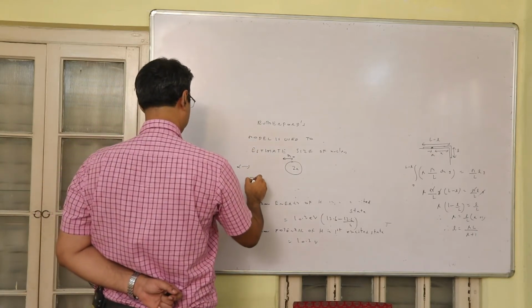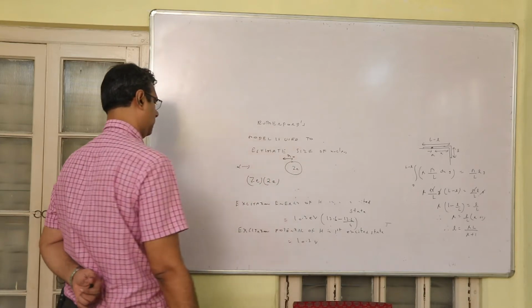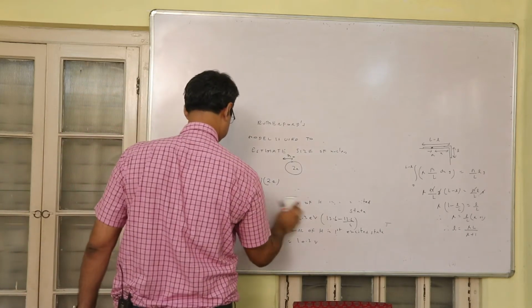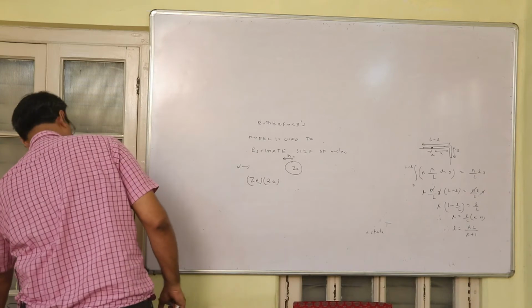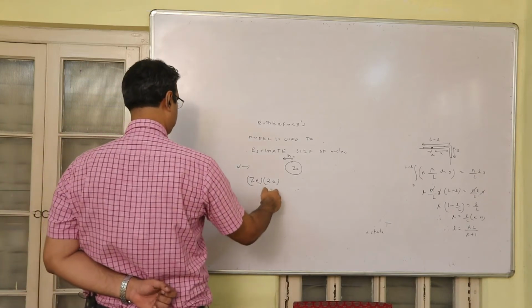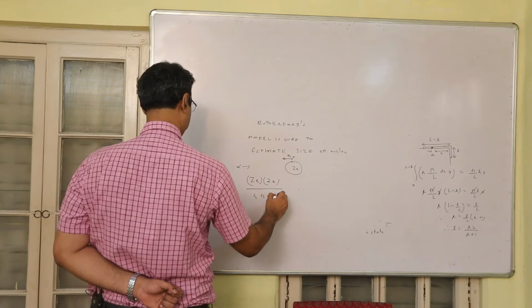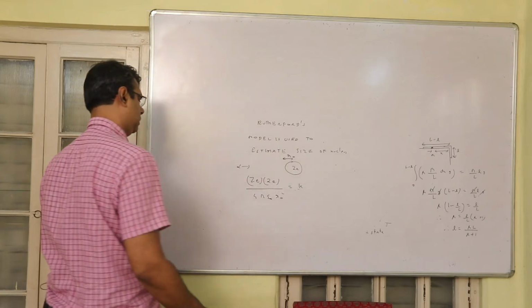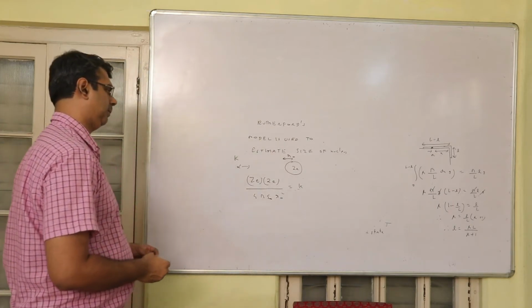Now you are aware that the charge of alpha particle is positive twice the charge of electron. So Ze into 2e by 4 pi epsilon naught into r naught is equal to the initial kinetic energy of the alpha particle.